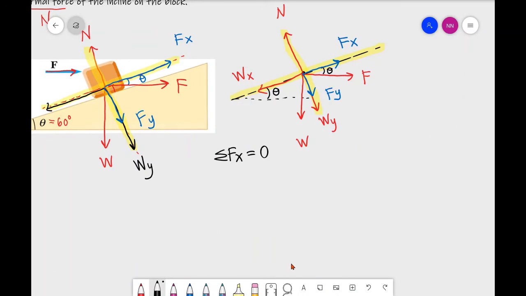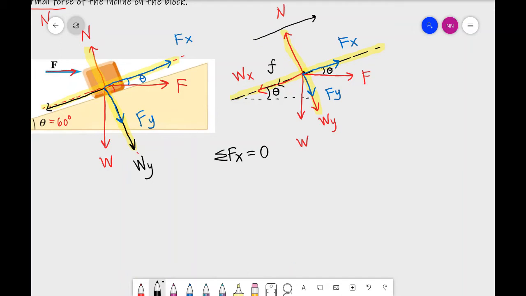The frictional force depends on the direction of the tendency of this object to move up the plane or down the plane. The force F pushes the block up the plane, so this block tends to move up the plane. The direction of motion might be up the plane, so the frictional force will be down the plane.